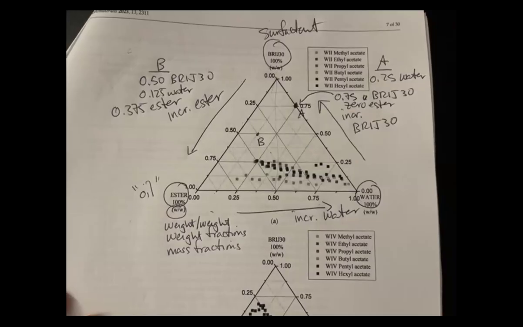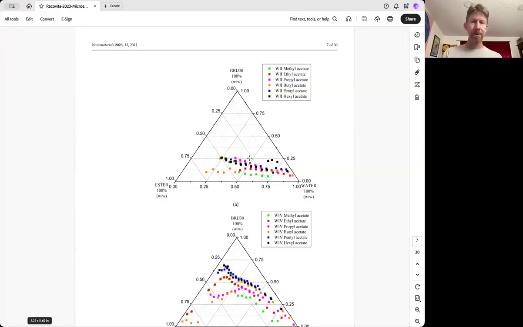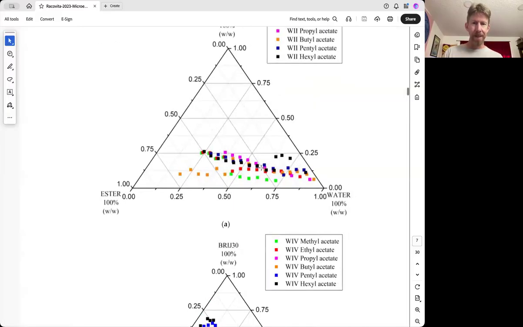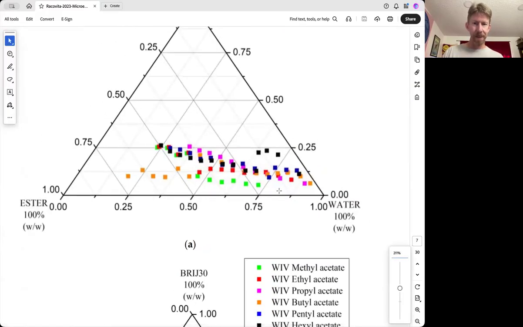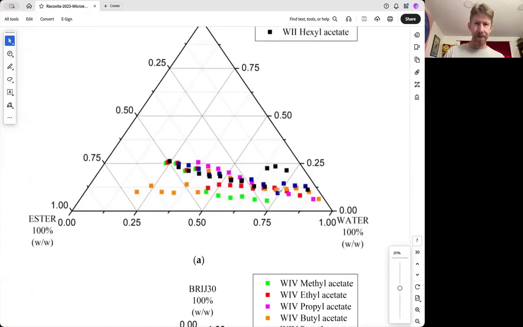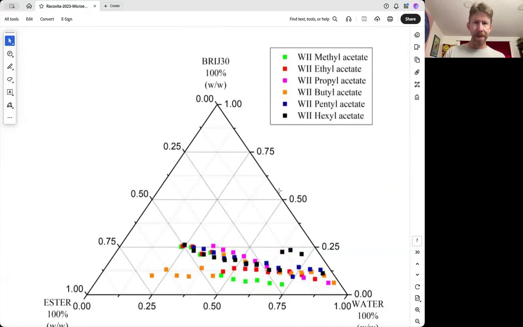Let's see. So I'm going to switch systems here. I'm going to go over to share the actual journal article and zoom in here. Okay, so hopefully, yeah, there's a cursor here somewhere.